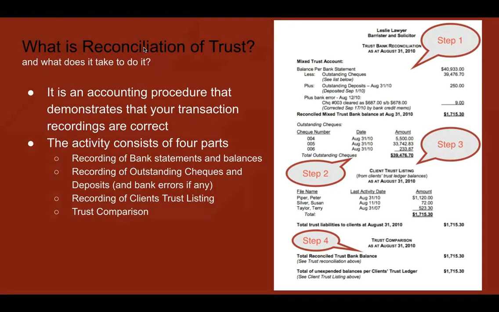There can be some checks that has been issued that has not been cleared, which has to be reduced. And then some of the checks that were deposited, that were provided to you by your clients that could have been outstanding, not deposited, you need to add them eventually. And then you would arrive at a reconciled trust balance.